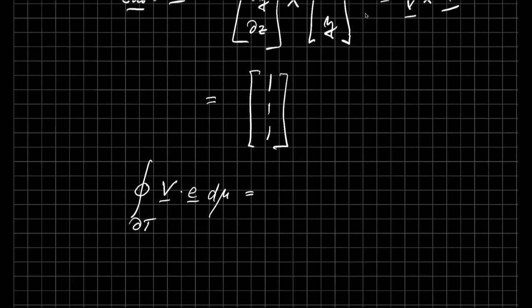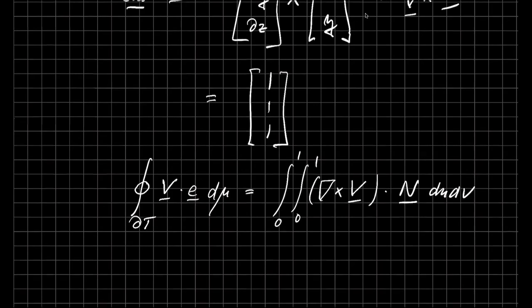Using Stokes, this is equal to the integral from 0 to 1 and 0 to 1 of the curl of the vector field dotted with the normal vector. I should integrate with respect to u and v.